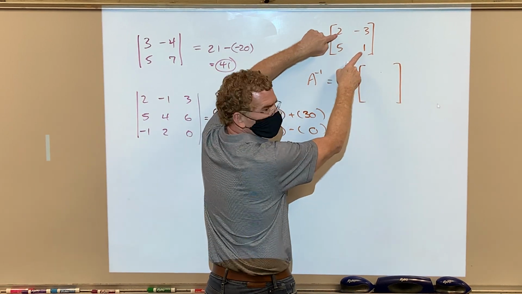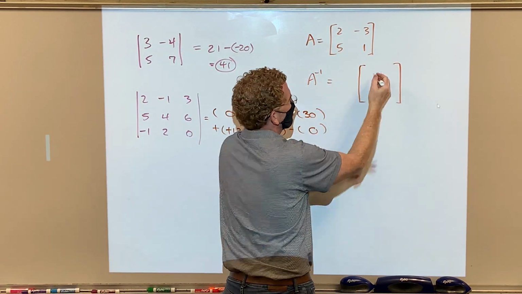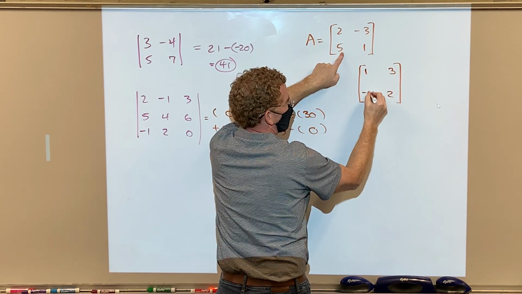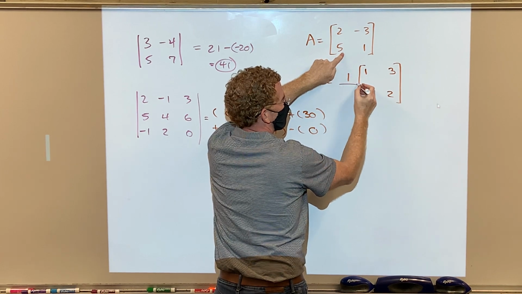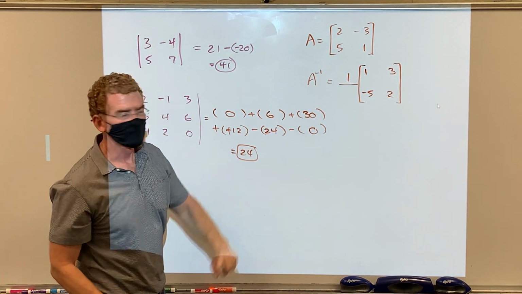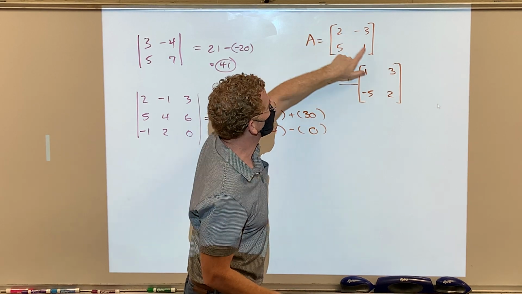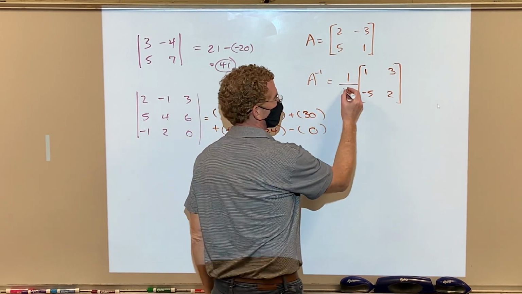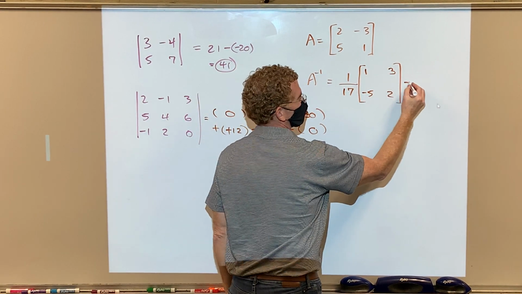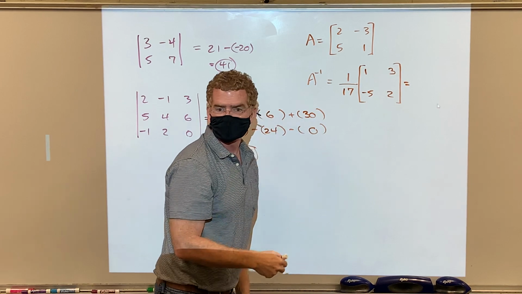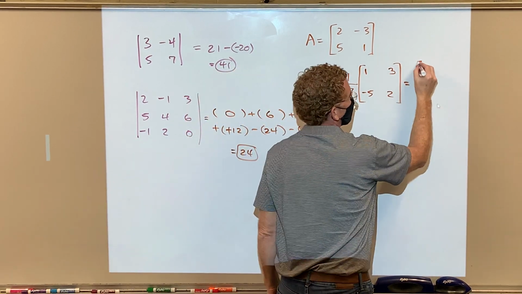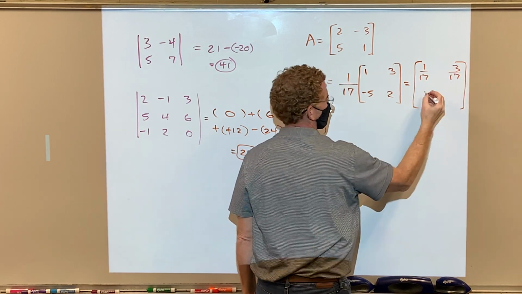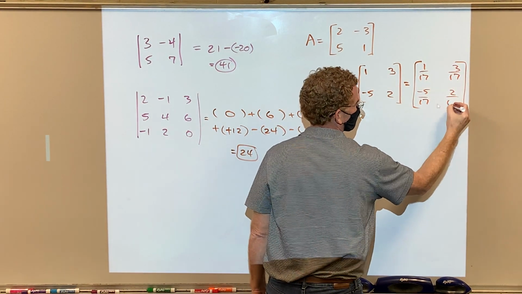We switch those, switch the signs of these, and then one last thing, multiply by 1 over the determinant of that, which would be 2 plus a 15, or minus a negative 15, which would be 17. So my final inverse would really be that multiplied in. So if I ever ask you for what the inverse is, go ahead and clean it all the way up and say, oh, 1/17, 3/17, negative 5/17, 2/17.